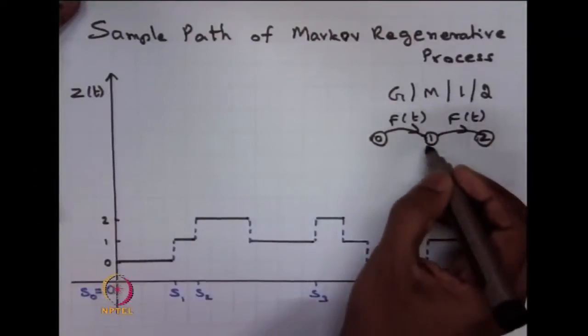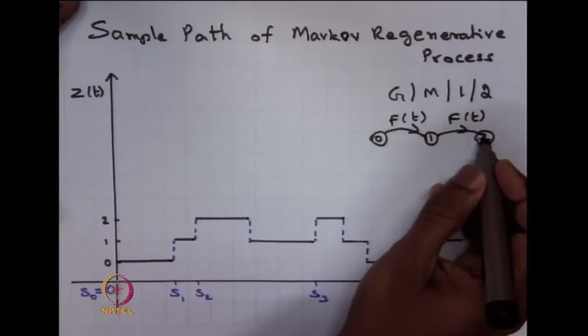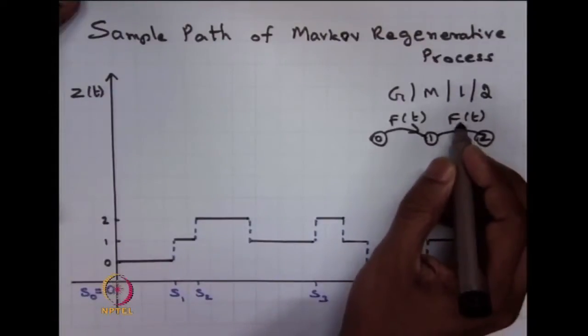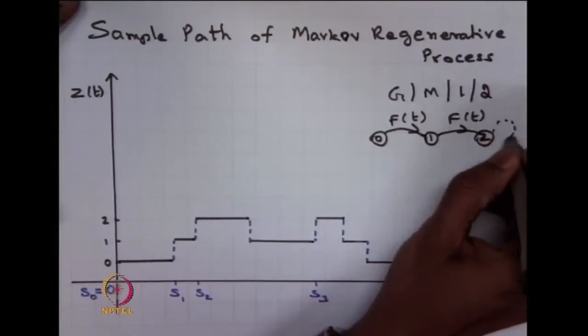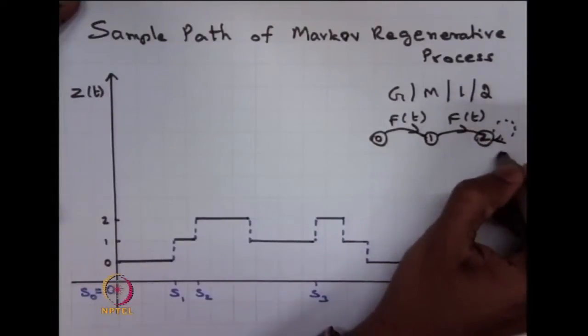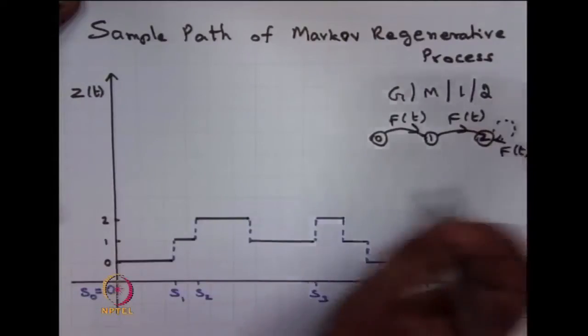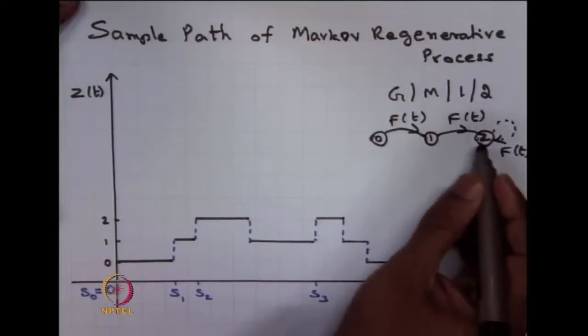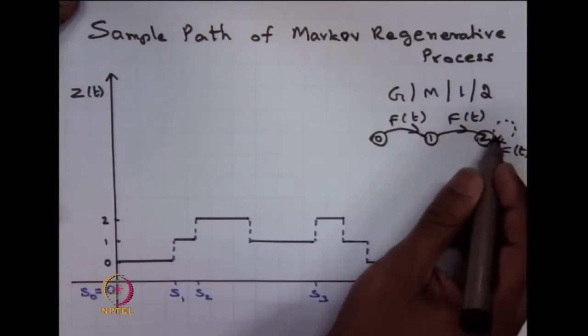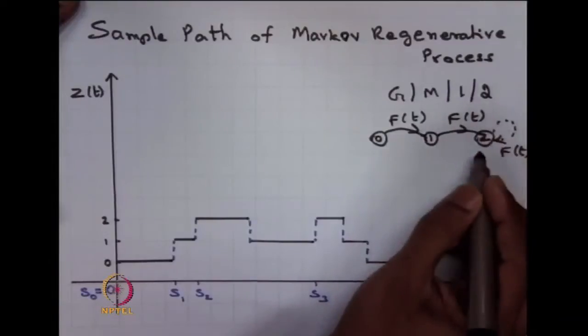The CDF of the system spending time in state 1 before moving into state 2 will be F of t. Because the capacity of the system is 2, an arrival can come but the system will be in state 2 again. Therefore, I made a self loop with dotted arcs.